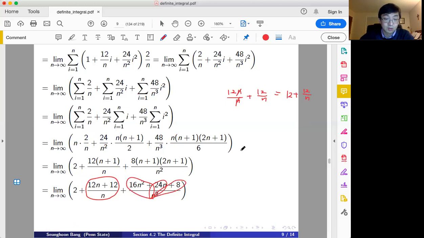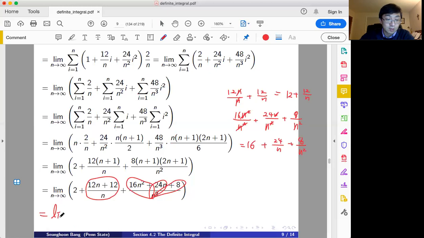So 16n squared over n squared plus 24n over n squared plus 8 over n squared. n squared is crossed out, just 16. One n is crossed out, plus 24 over n. The last one is 8 over n squared.